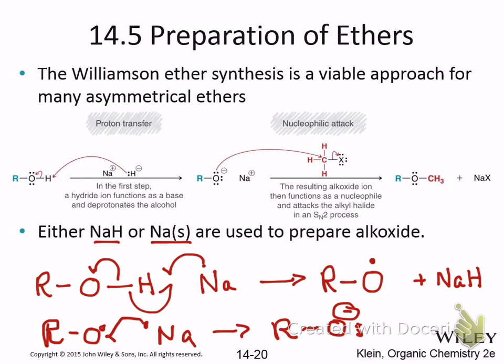So, nucleophilic attack, asymmetric ether. So, characteristics. They make a lot of slides on this, and I don't want to flip a bunch of slides. What are the characteristics of this? And what are the characteristics of this?